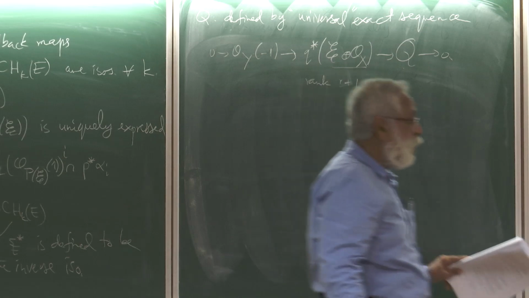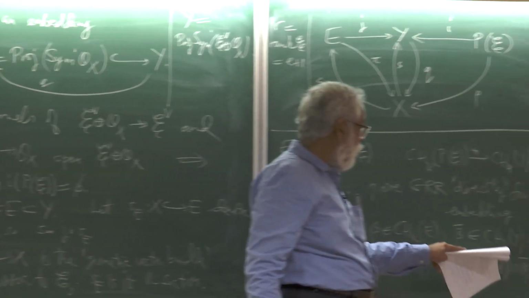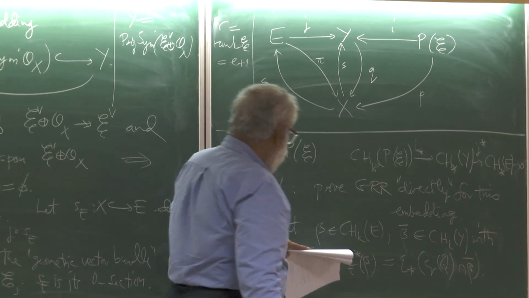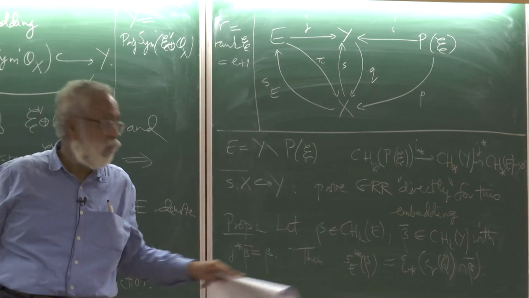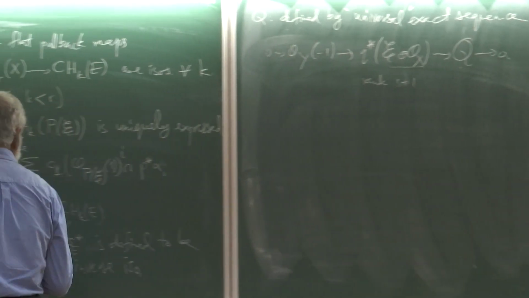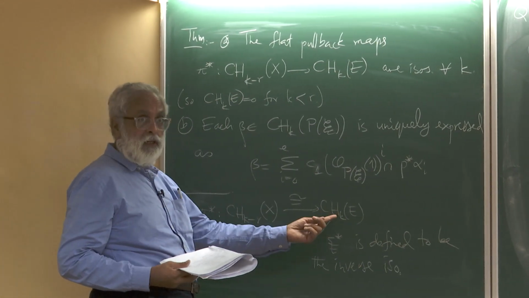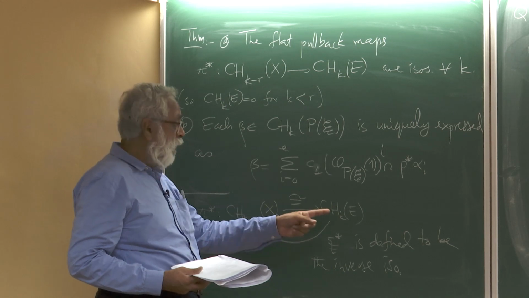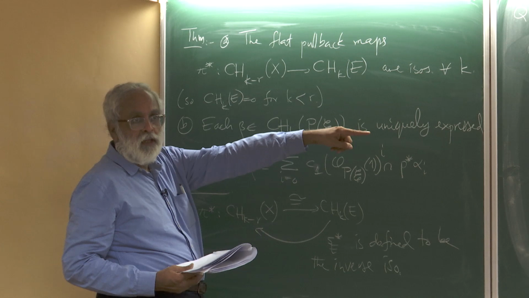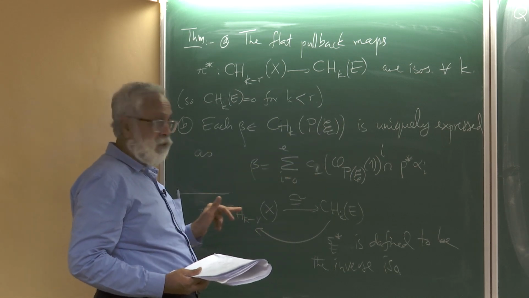So I'm talking about the top Chern class of that Q, and then I'm asserting that the action of that on beta bar pushed down to X is the calculation for this S_E upper star beta. I asserted there is a map S_E upper star, the inverse isomorphism. I'm giving you a kind of formula for it. I'm saying take a class here, in order to compute what it is, close it up in Y, apply the top Chern class of that Q, and then push it down from Y to X. And that's the answer.